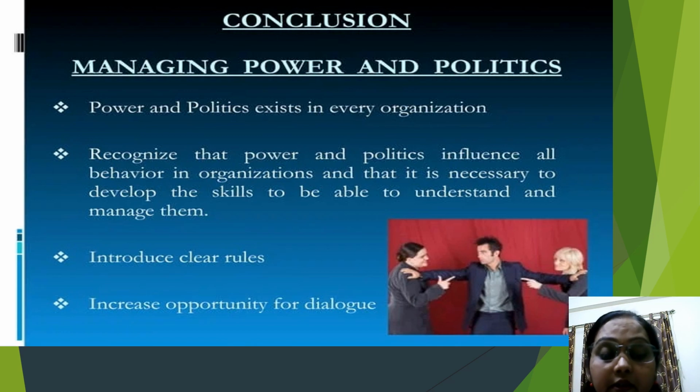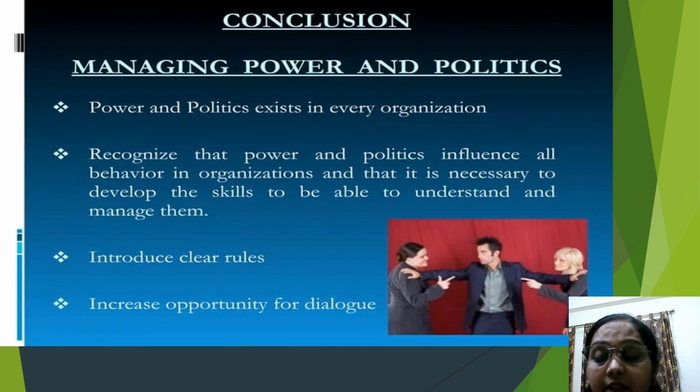To make a healthy relation between power and politics, all the rules, regulations, policies, procedures, and protocols must be clearly communicated and understandable to the employees working in an organization.